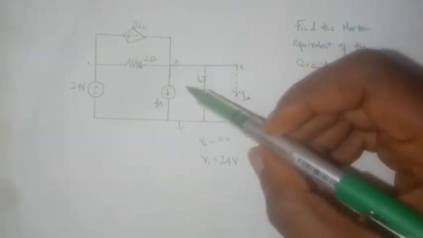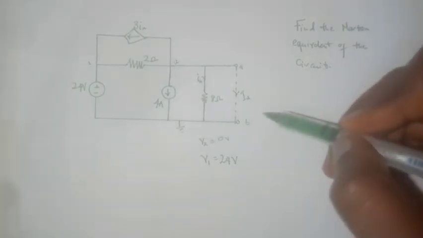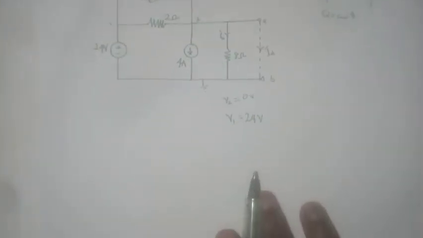We will proceed to write a KCL equation at node 2 using node voltages. So that will look something like this.